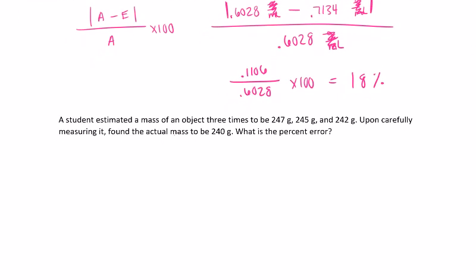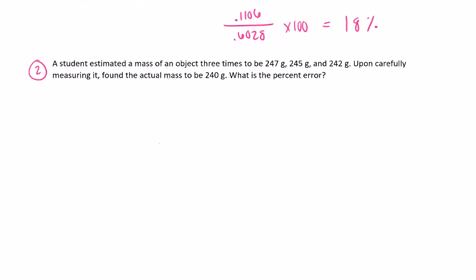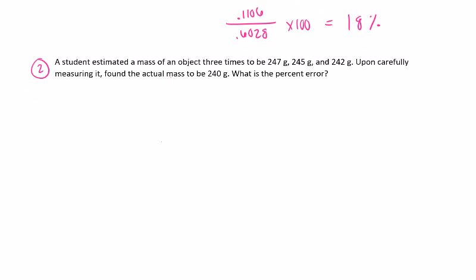Okay, so let's look at the second one. A student estimated a mass of an object 3 times to be 247 grams, 245 grams, 242 grams. Upon carefully measuring it, found the actual mass to be 240 grams. What is the percent error? So again, actual minus experimental all over actual times 100.